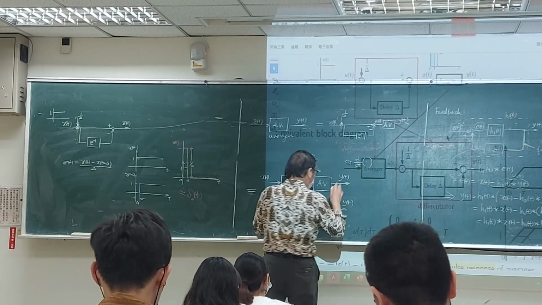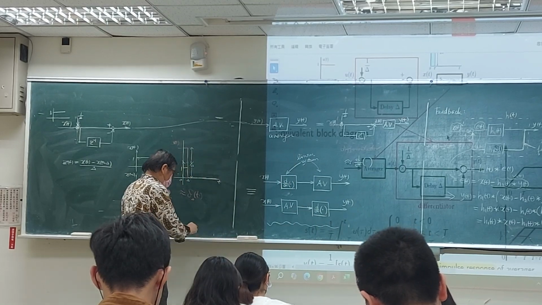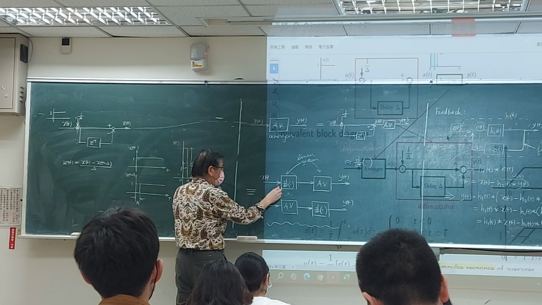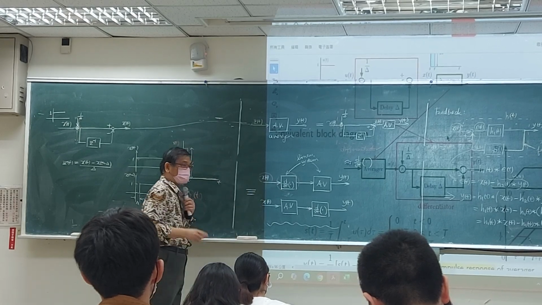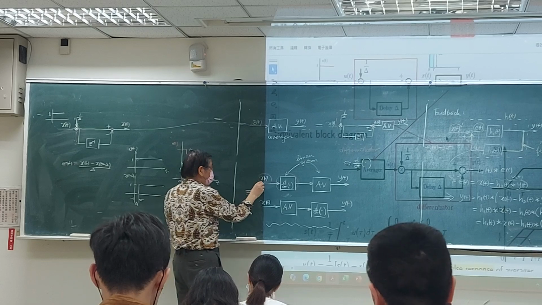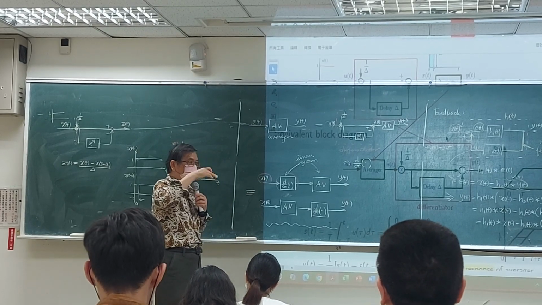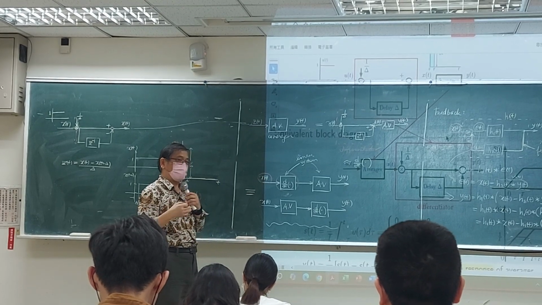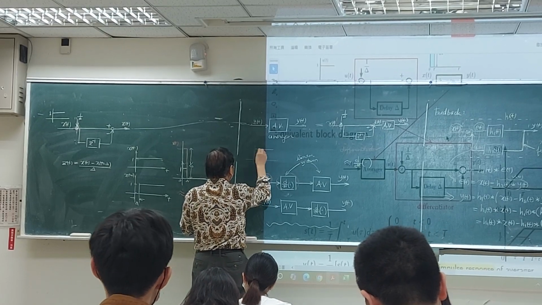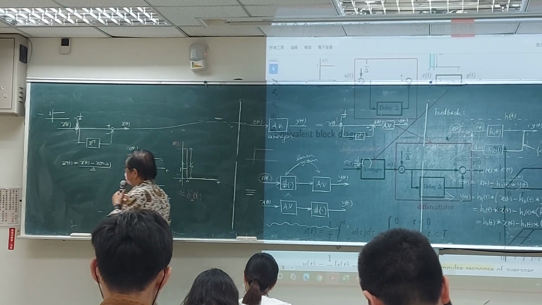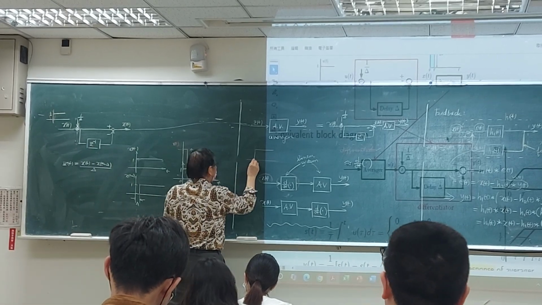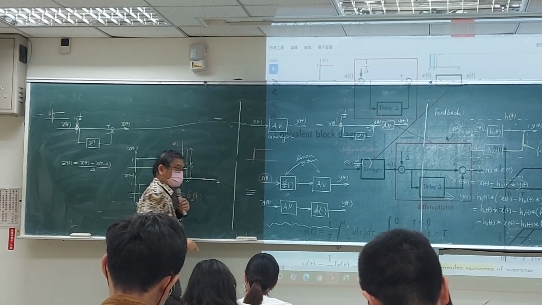Before we move on, go back to the example. Usually, if you put a differentiator on a signal, there's a problem you have to consider. If the signal has noise or has a discontinuity, like there's a jump, for example, if we consider a unit step function, there's a jump, there's a discontinuity over here.